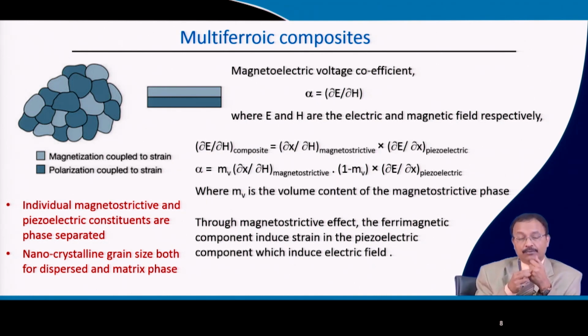So, what is eventually needed is individual nanocrystalline grains, homogeneously distributed throughout the matrix. So, this is a nano kind of composite that is quite interesting to grow.